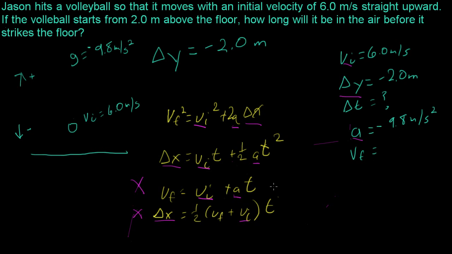So let's see. Using this equation, we could plug in and get T, except that this equation is going to be very unpleasant to solve for T, because you've got a T and a T squared, and we probably don't want to deal with that.